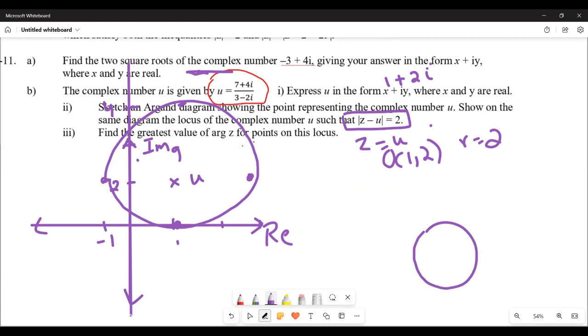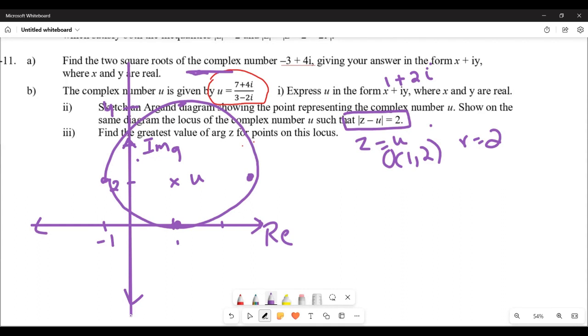If you choose different scales on both axes, then you might get an ellipse, which will not even look like a circle. Mine also looks like a slightly ellipse because I did not use a scale to mark the points on the axes. You must do that because that makes a very nice looking circle. Okay, so that's the locus of points representing modulus of z minus u equals 2.